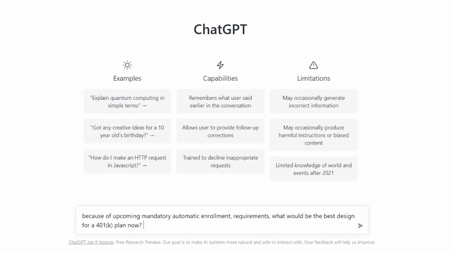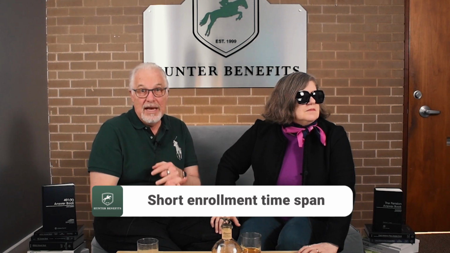All right. So I'm going to read what he puts in. Because of upcoming mandatory automatic enrollment requirements, what would be the best design for a 401k plan now? All right, so what would be the best design for a 401k plan right now based on the upcoming Secure 2.0 legislation would be something with a short enrollment time span, a safe harbor match, okay?